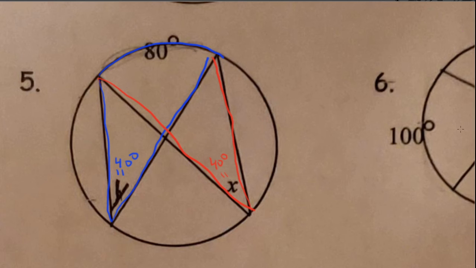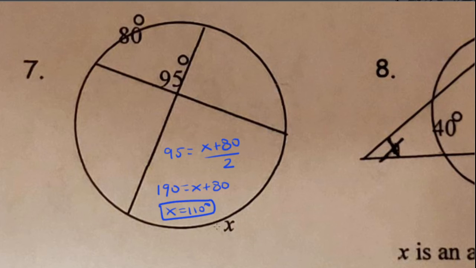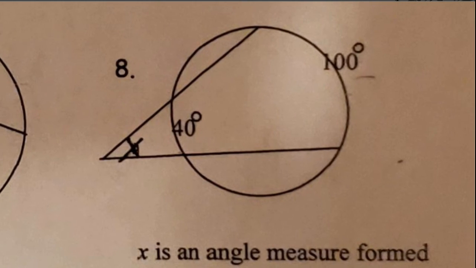Let's go down to 7. We know that 95 is going to be the average of x and 80. So we're going to multiply by 2 to get 190 is equal to x plus 80. So x has to be 110 degrees. For 8, x is going to be half of the difference between 100 and 40.